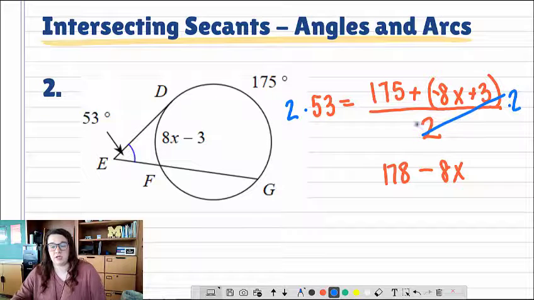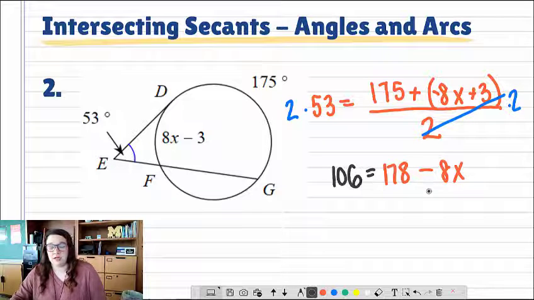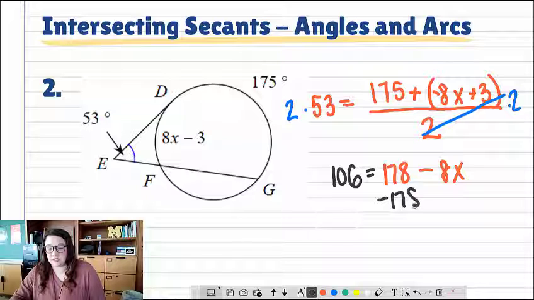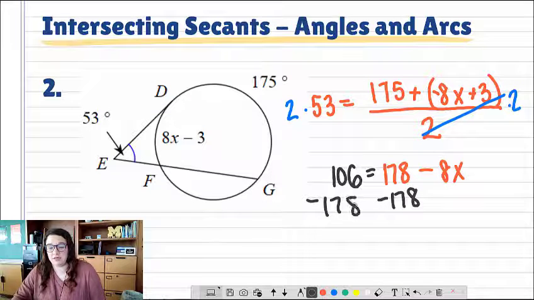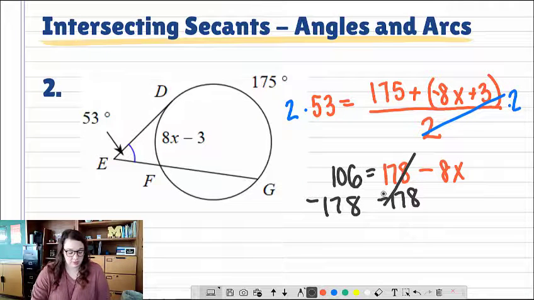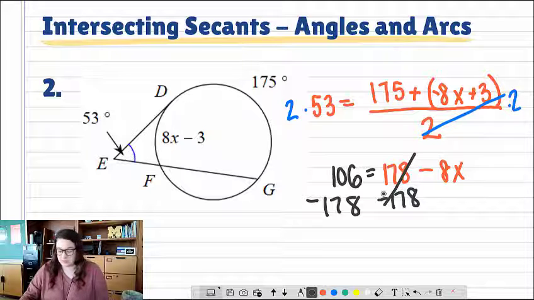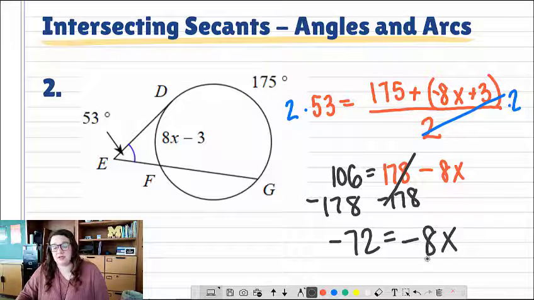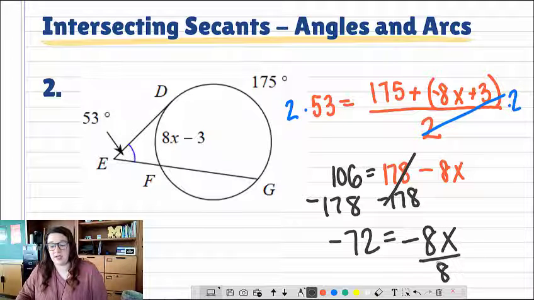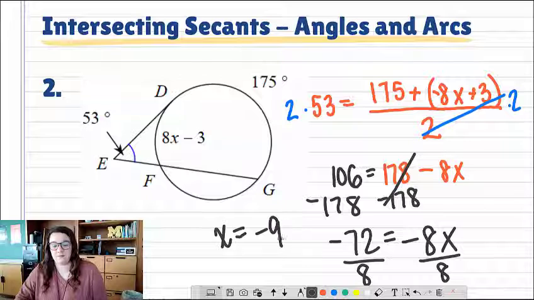That way those cancel. 2 times 53 would go on the other side for 106. Let's get the x term by itself by subtracting 178 from both sides. 106 minus 178 is negative 72 equals negative 8x. And lastly, let's divide both sides by 8. So x equals negative 9.